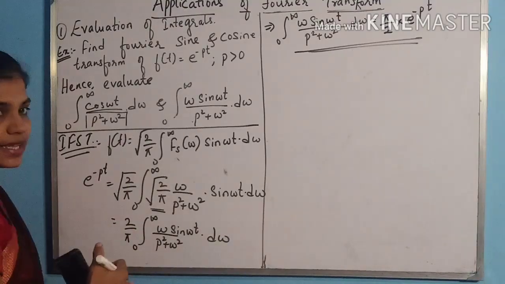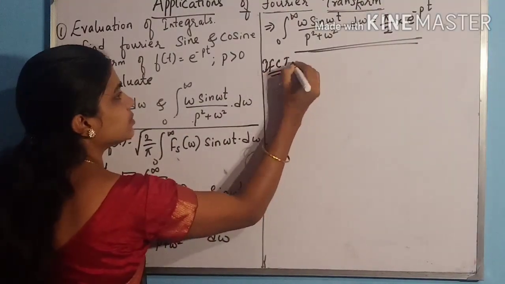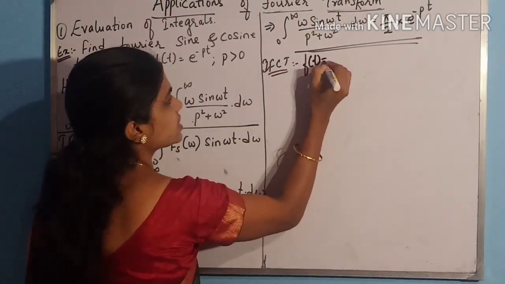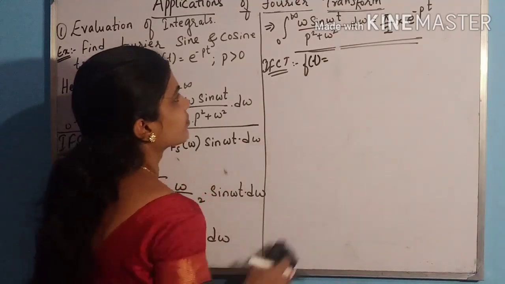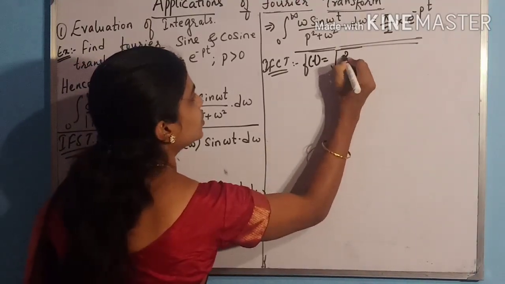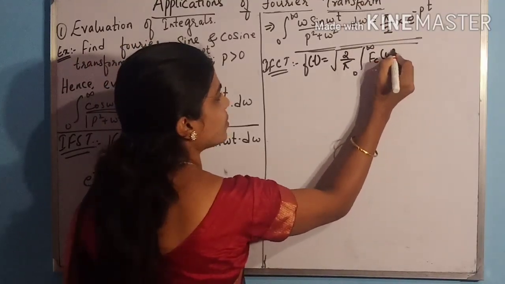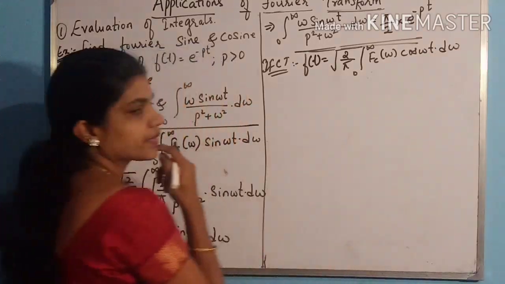Now coming to the second one, we are going to take the inverse Fourier cosine transform. Inverse Fourier cosine transform says f of t is equal to root 2 by pi, integral 0 to infinity fc of omega cos omega t d omega, right?